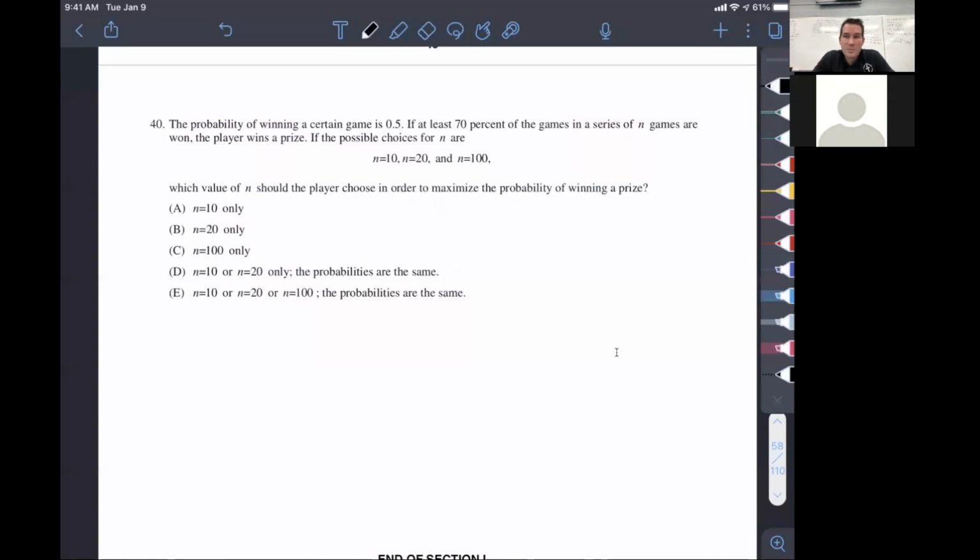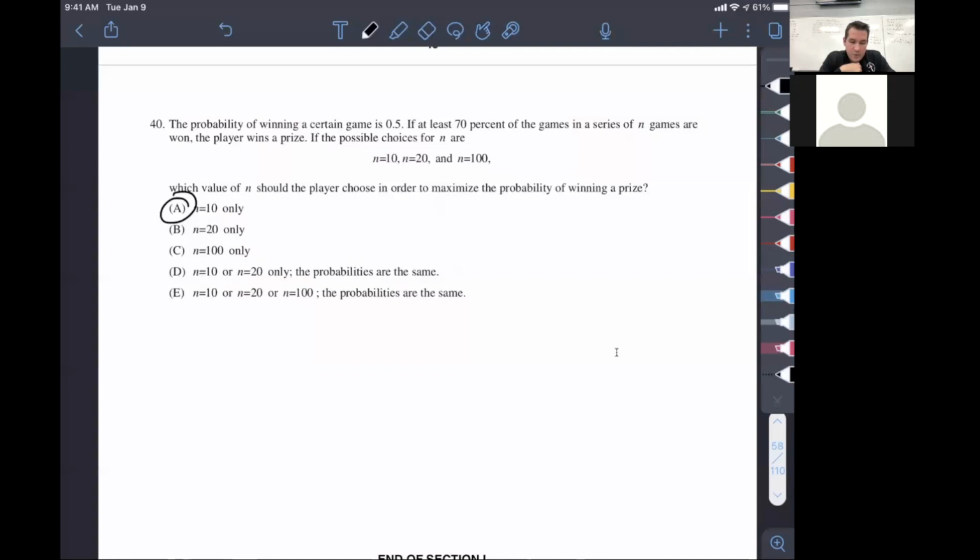So I want n to be the lowest amount. If n is equal to 10, and I'm not going to do any of the calculations for this, the lower the amount, the higher the variability, which means the more chance I have of actually winning a prize.